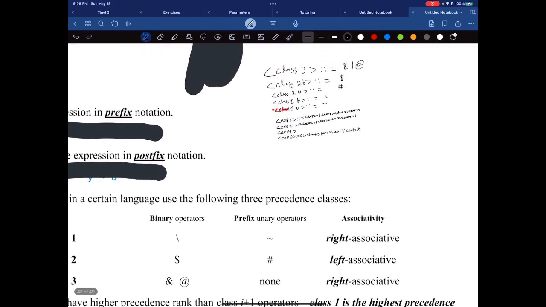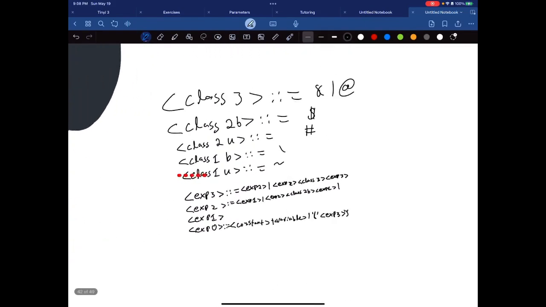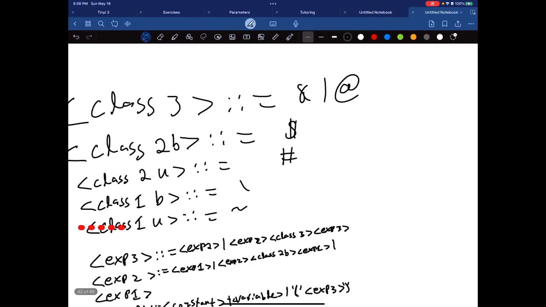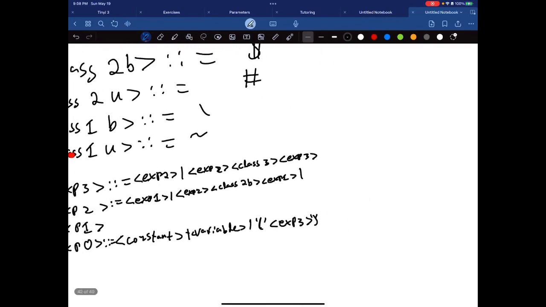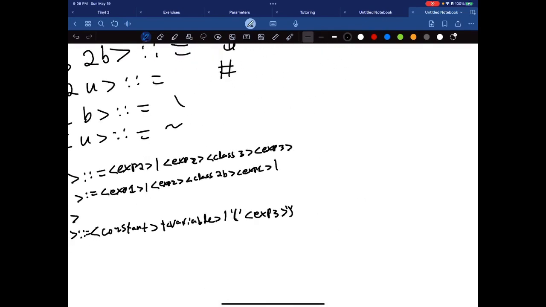Okay. And it's also left associative. And so what that's going to look like is we need to make another portion where here we would say, let me think, it would just be expression 2 since it's unary.